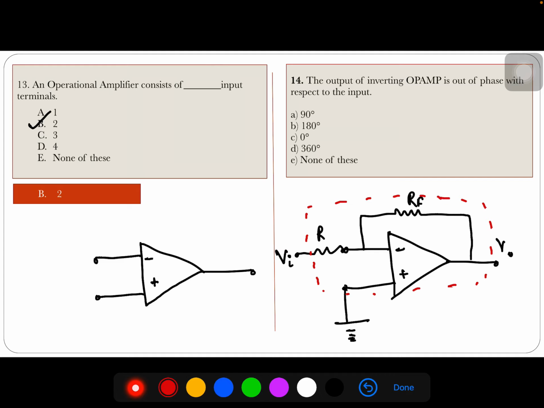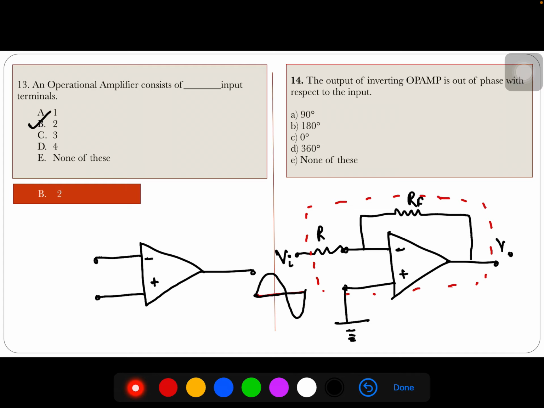All right. The only difference in the inverting and non-inverting op-amp would have been that in the case of inverting, you will apply the input voltage on the inverting input, and in the case of non-inverting configuration, you will apply the input voltage on the non-inverting input. Okay. Now let's come back to the inverting amplifier.